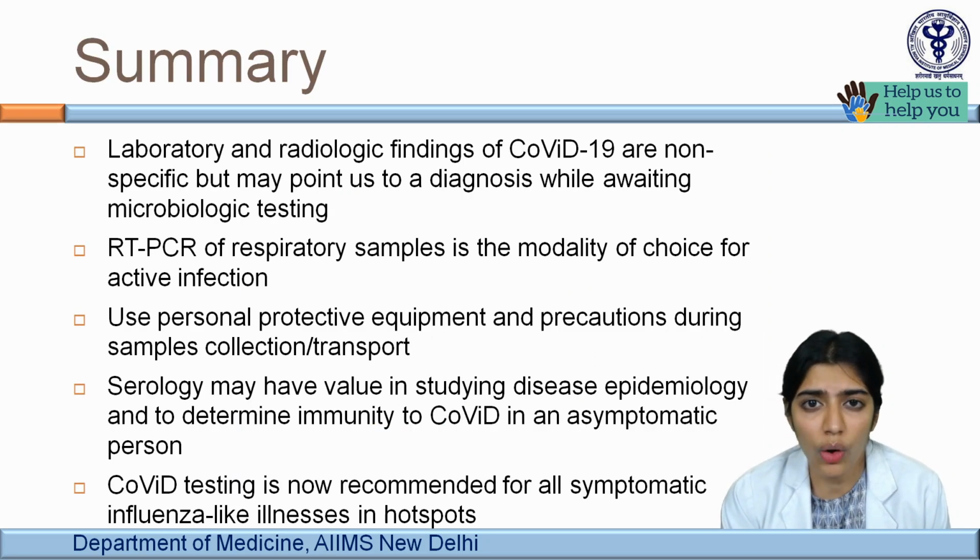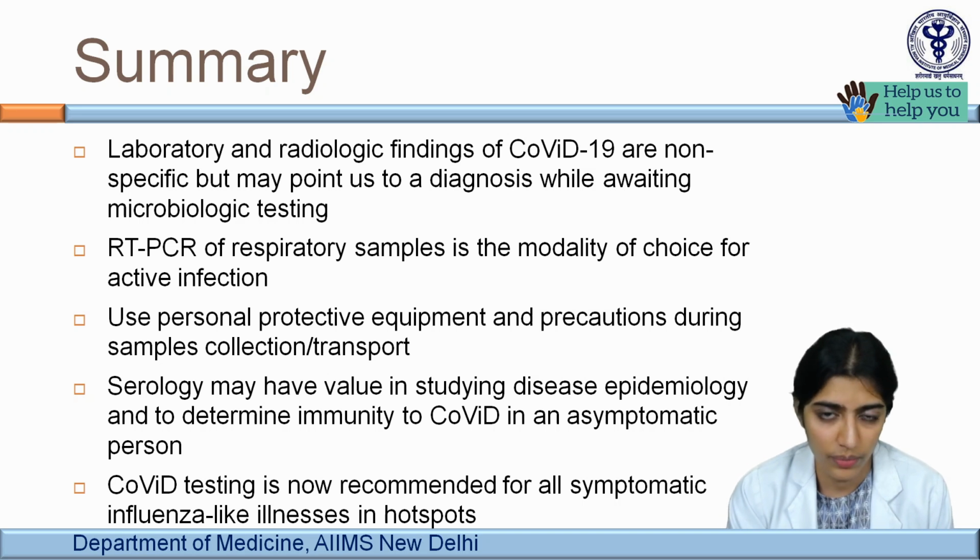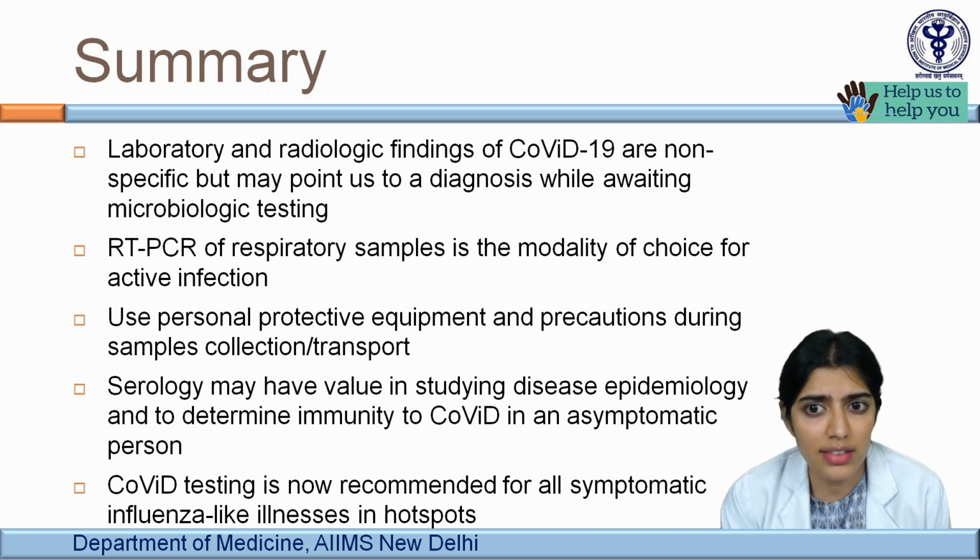So, to summarize all that we have learned, first of all, the laboratory and radiologic findings of COVID-19 are not very specific, but they do point us to a diagnosis until we get the results of our microbiologic testing. RT-PCR is the modality of choice for active infection, and it is done on respiratory samples.